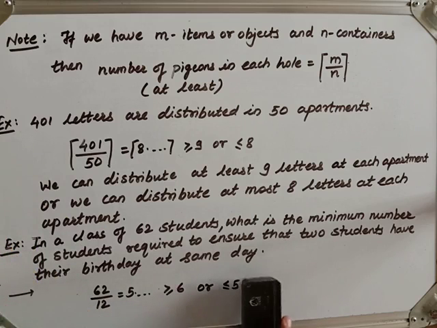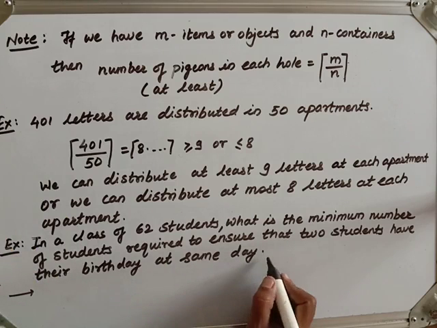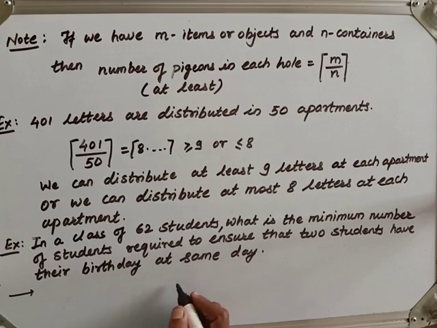Now here we have to determine the birthday on the same day. So how many days are there? Let me take 366, because in a leap year the total number of days is 366. Now we can select 366 students having their birthdays on different days.